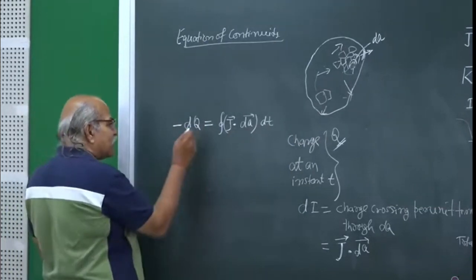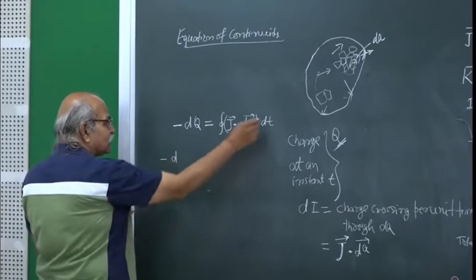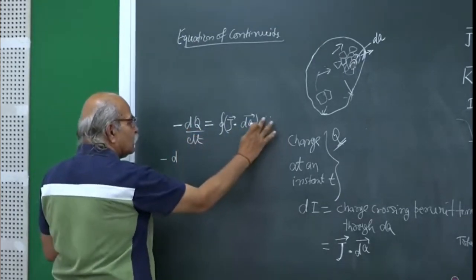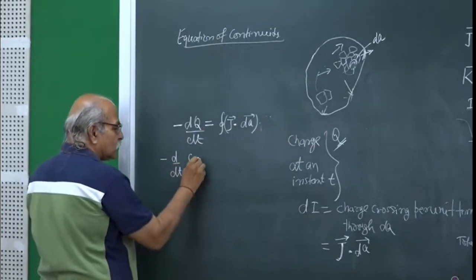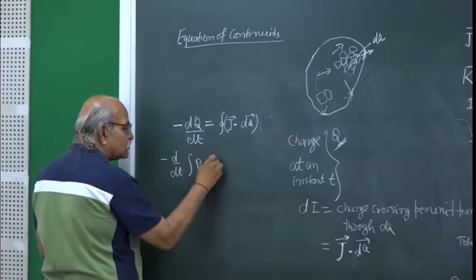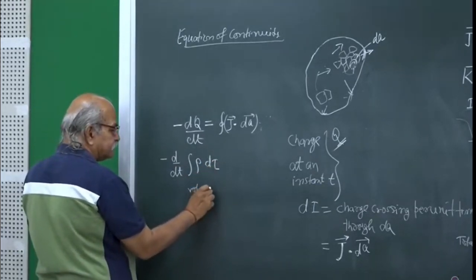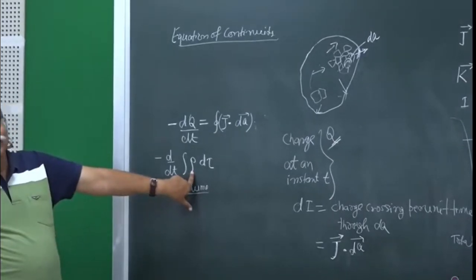Now, q itself can be written as, what is q? Take this dt here. What is this q? Q is rho d tau integrated over the entire volume. See, rho is the charge density, volume charge density.